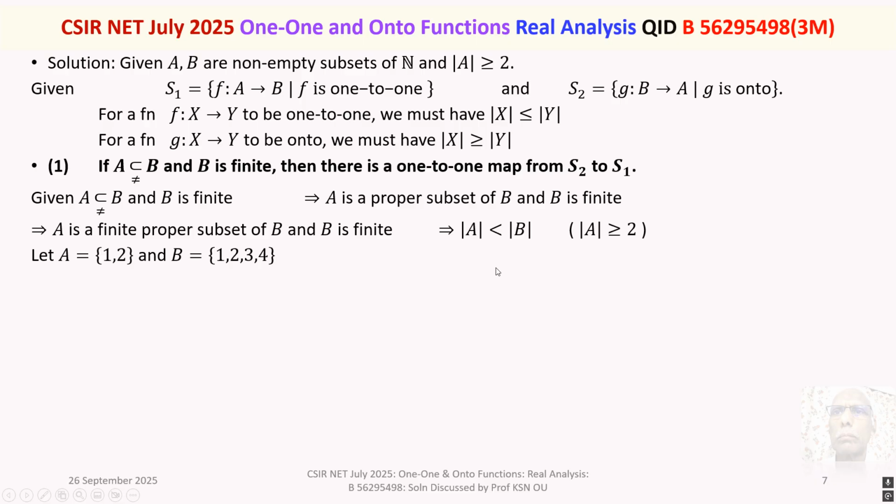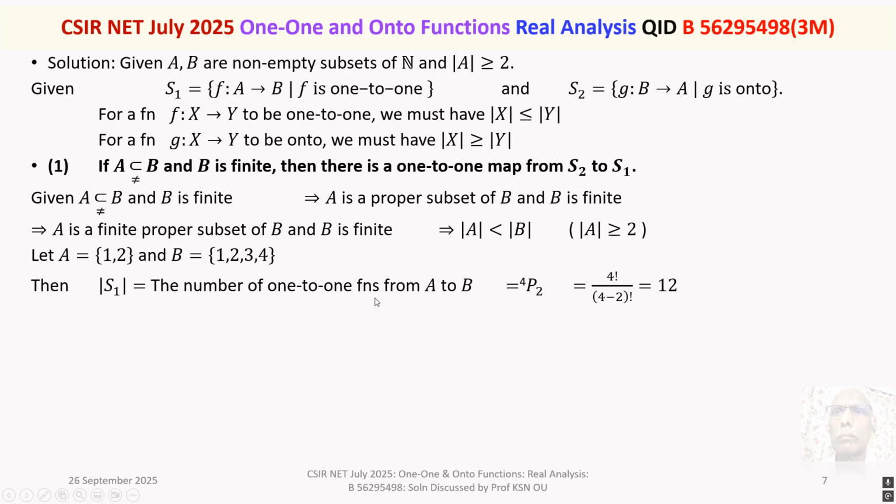Now, the cardinality of S1 is the number of one-to-one functions from A to B. Cardinality of B is 4, cardinality of A is 2, therefore it is 4P2. 4P2 is 4 factorial by (4 minus 2) factorial, and when you simplify, you get 12.